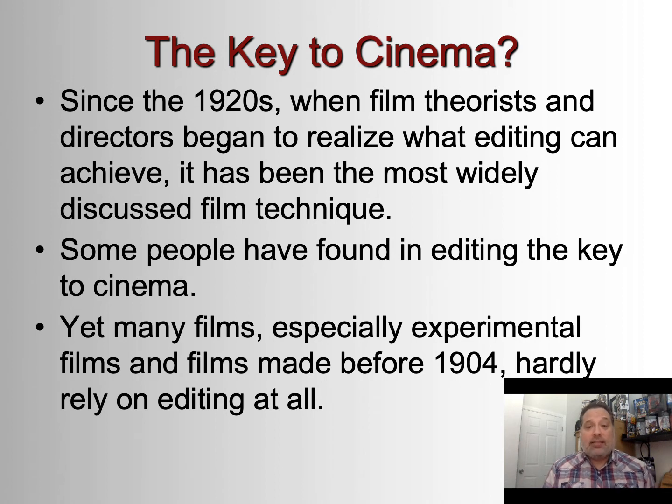But editing is the one thing that's true to cinema and does not exist in these other arts. It also is what's responsible in some ways for cinema moving, right? Along with cinematography, it helps us create the motion in motion picture.